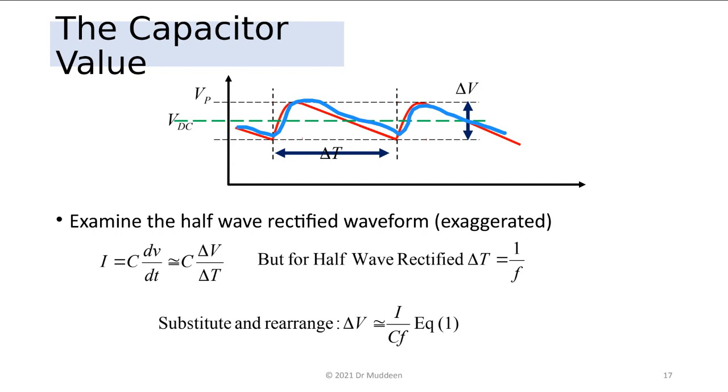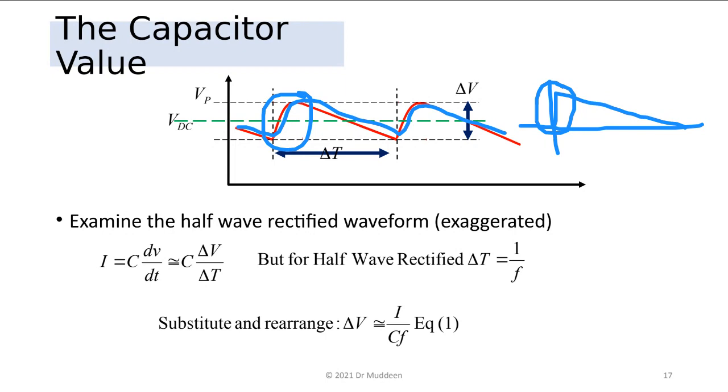At this point, we can approximate dV/dt. It charges very quickly and discharges. If you look at the graph, for all intents and purposes the recharge time is fairly short and the discharge time is relatively long. So we can almost ignore it. It's exaggerated on this graph, but we can ignore this.